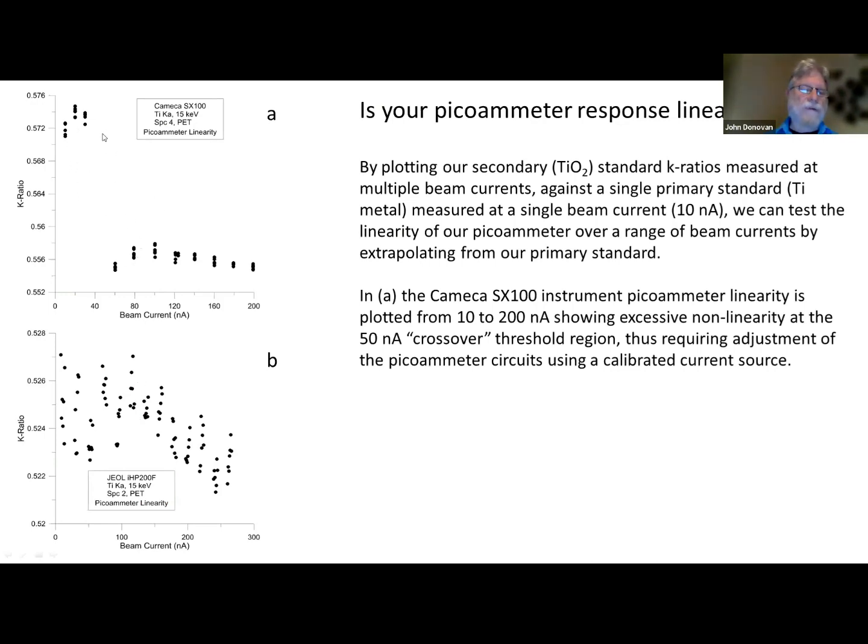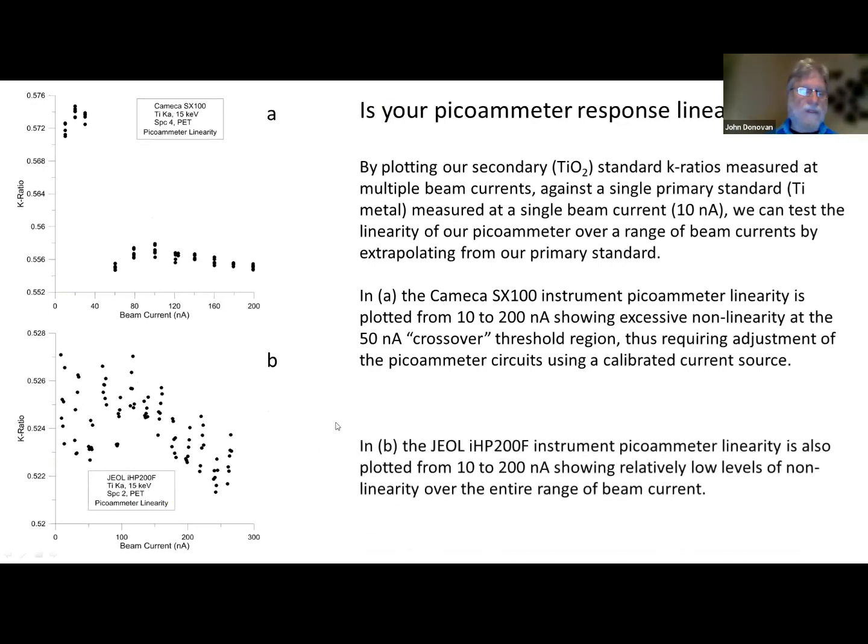It has a big jump, about a percent or two, between the lower range and the upper range. A NETS instrument, on the other hand, was pretty darn linear. That's pretty good. So that's something we want to check, because if we're measuring samples at low beam current and then at high beam currents and constructing K ratios of them, this is a really important correction.